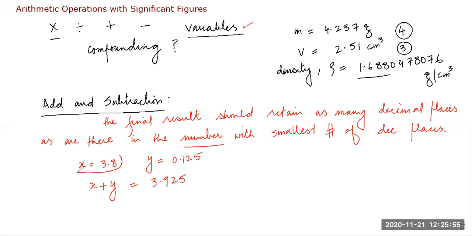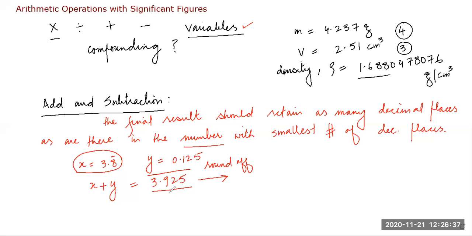Now x is the number we are talking about, this has smallest number of decimal places. It has only one decimal place, one decimal digit after the decimal. So now our final result, that is x plus y or x minus y, should also retain the same number of decimal places. That means after the point there should be only one decimal place. Now we want to round this off to one decimal place.